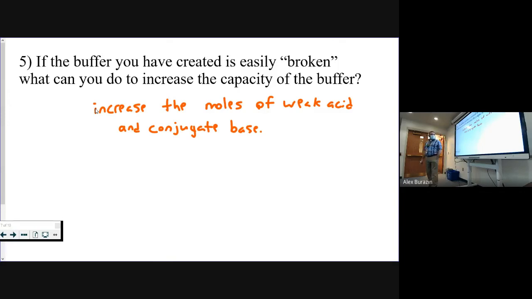Very intuitive. Now, if we had a basic buffer, let's say we made a buffer with ammonia and ammonium. Same concept. If I want to make a basic buffer, I still want the pH to be close to the pKa of the acid in that buffer. And if I want it to have a greater capacity, I just increase the molarity. I would add more of both components of the buffer. The higher the molarities of the buffer, the more it can neutralize.